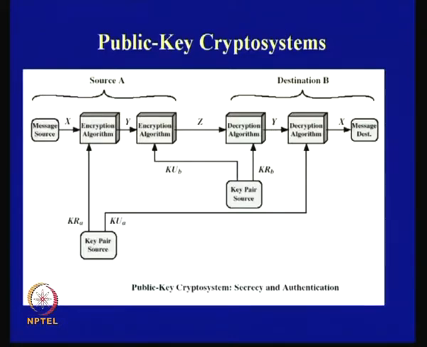If you apply your public key cipher for secrecy, you use a pair of public and private keys, and similarly if you want to use it for authentication, you use another pair of public and private keys. The only difference is which key you use for what reason.